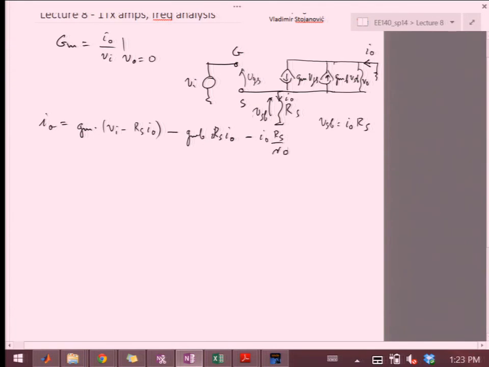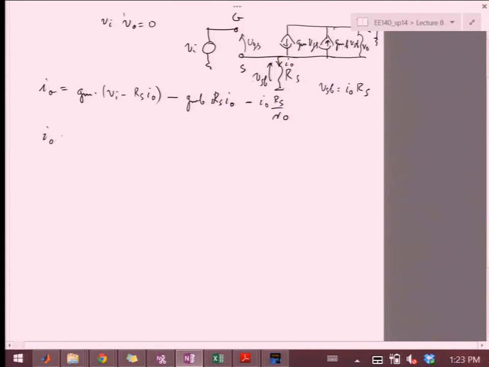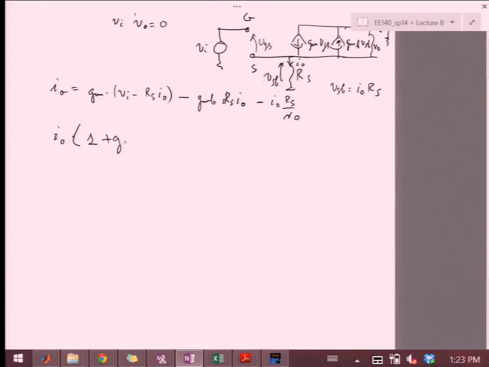So when I move all the Iout terms on the other side, I'll get Iout times 1 plus gm RS. All right, let me group these two together: (gm plus gmb) RS, and then plus RS over r0, and that equals gm Vi.